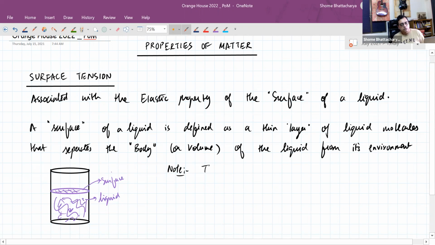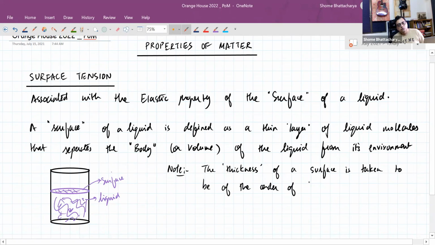Okay, so the thickness of a surface is taken to be of the order of a few times the molecular diameter. It is extremely thin, as you can see.